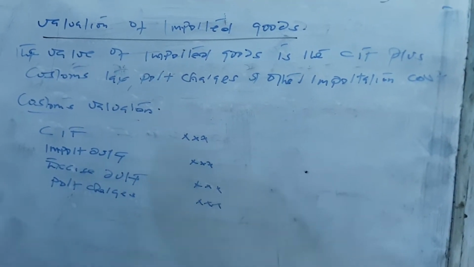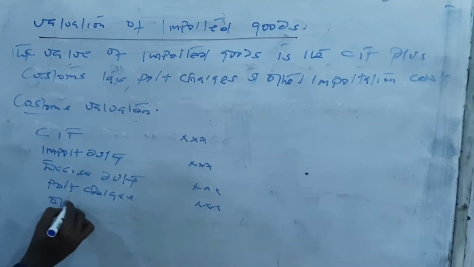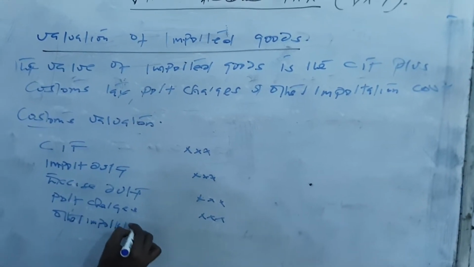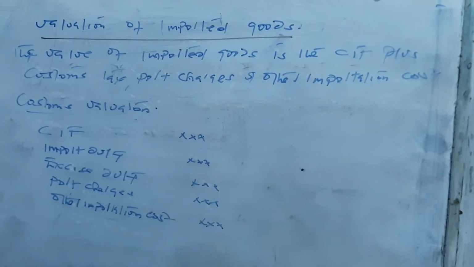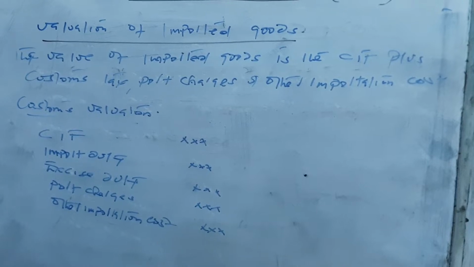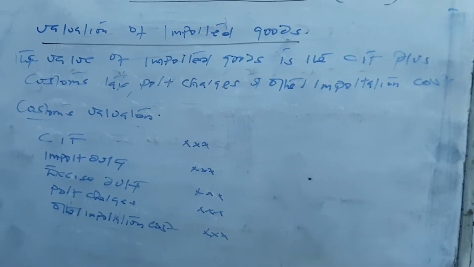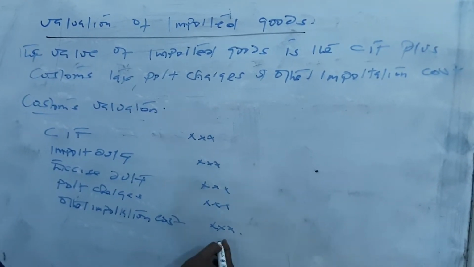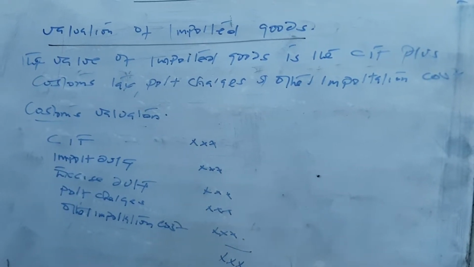Post it here. You bring other importation costs. You can say that those are the costs you incur before the goods reach the port, like Mombasa port. Then finally you get the customs value.